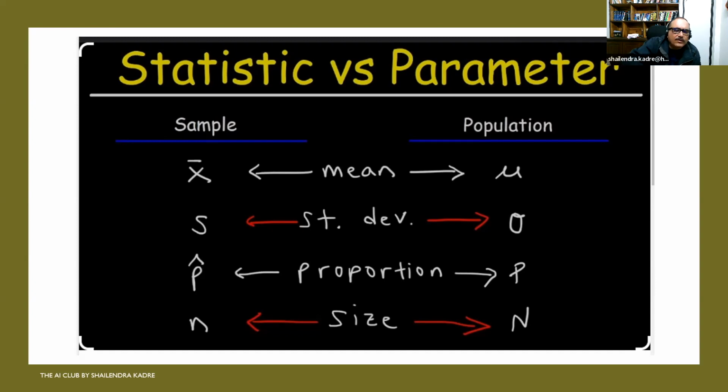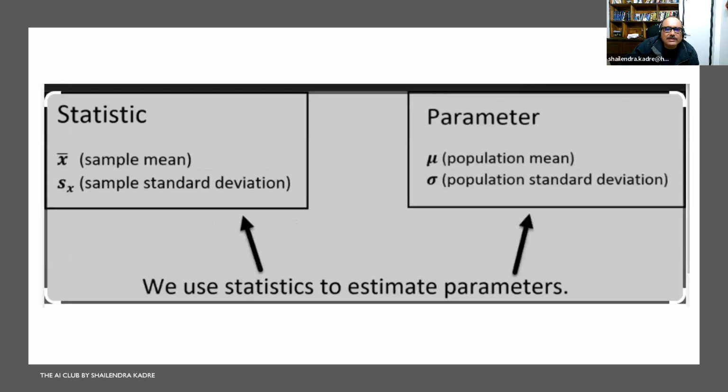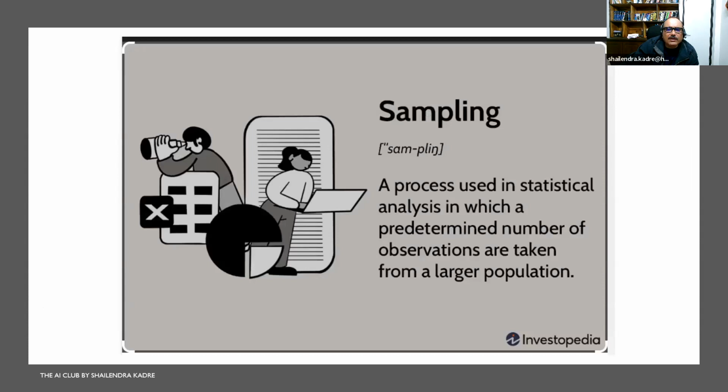So for a parameter we use Greek letters, and for a statistic we use simple ones. These are the primary concepts we have discussed today.